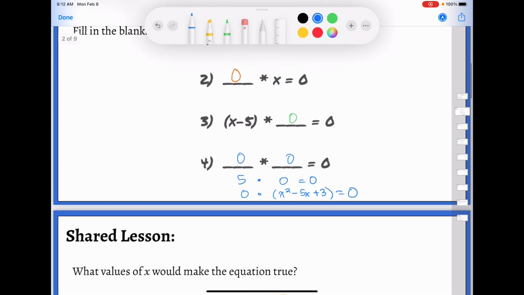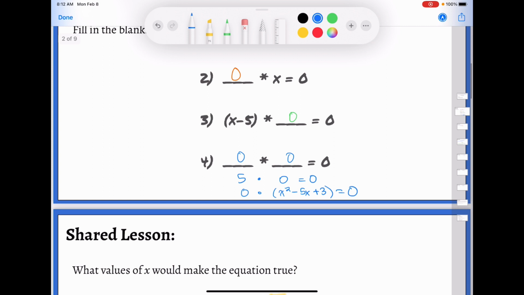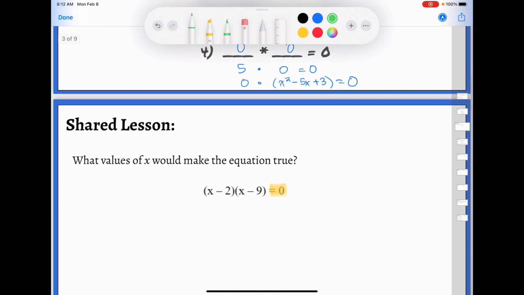So if I look at number 3 in my warm-up, well, that said that if I make this parentheses equal 0, that would be multiplying by 0, right? And the whole thing would equal 0. Well, what would make that parentheses equal 0? I could just add 9 to both sides and I would get x equals 9. So if x equaled 9, that whole equation would equal 0, right? Because I'd have x minus 2 times 0, which would equal 0.